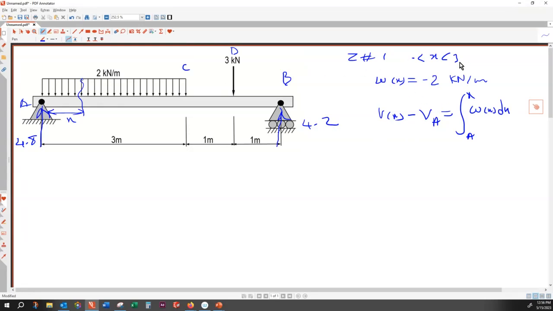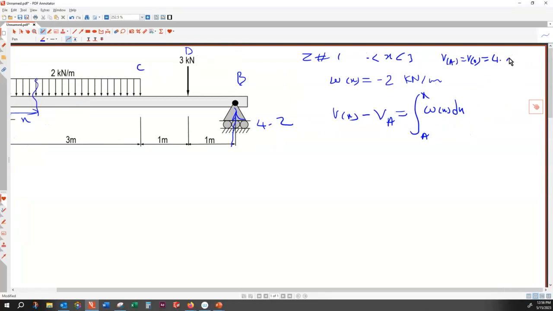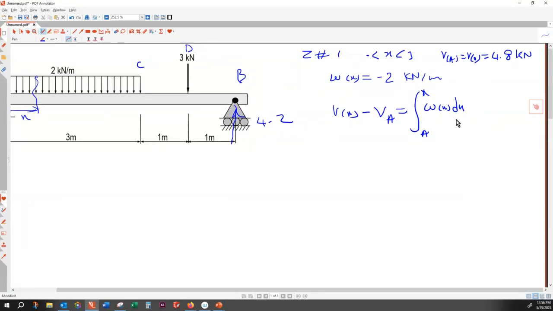So V of A, I know that V of A is V at x equal to 0. According to Darcy, that is 4.8. Okay, so that makes this one V of x minus 4.8 equal to the integral of minus 2 dx between 0 to x.